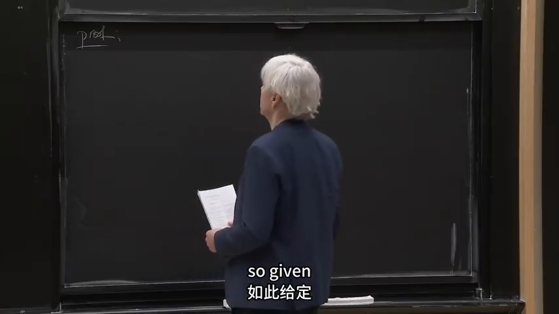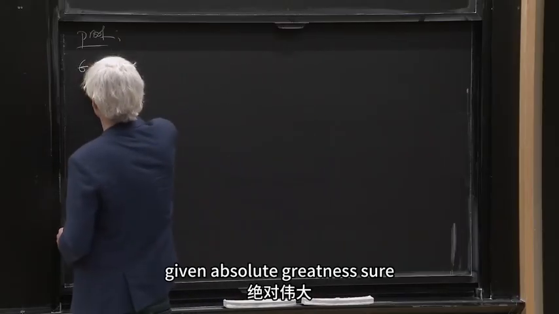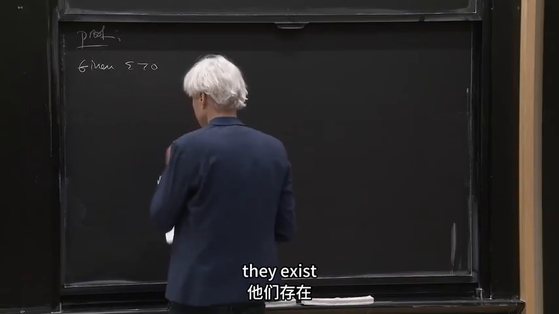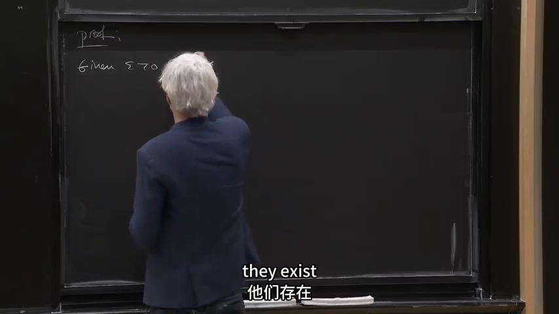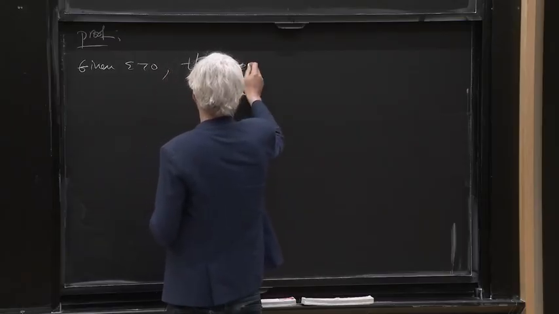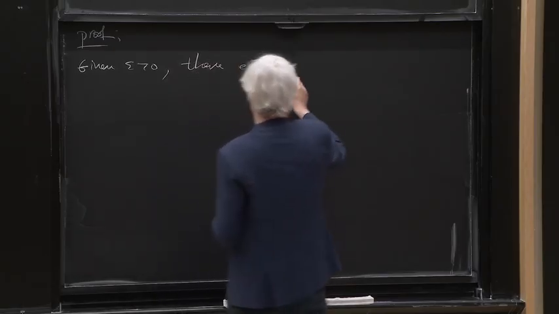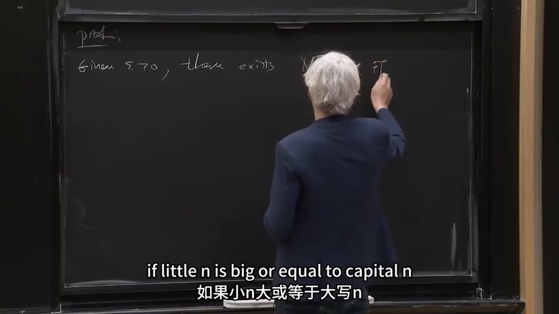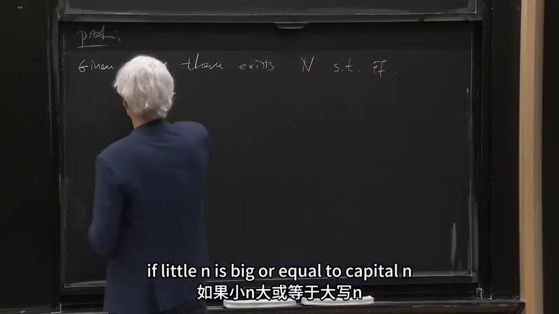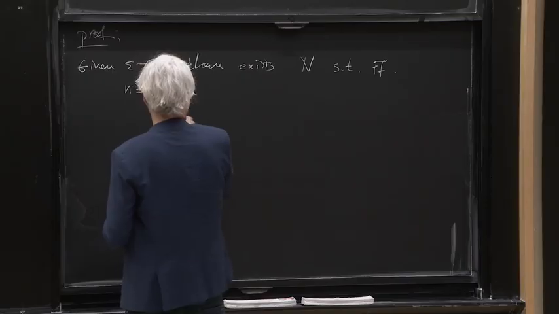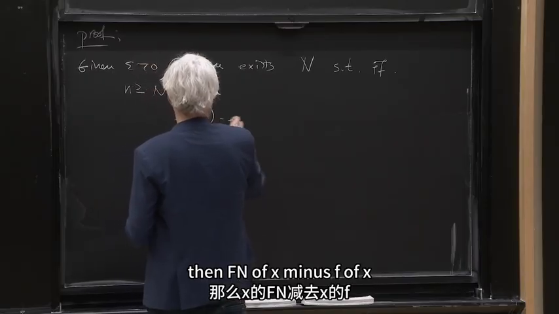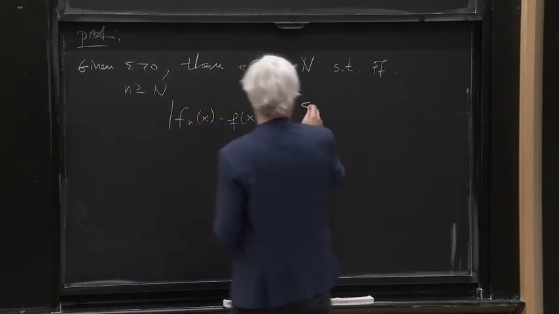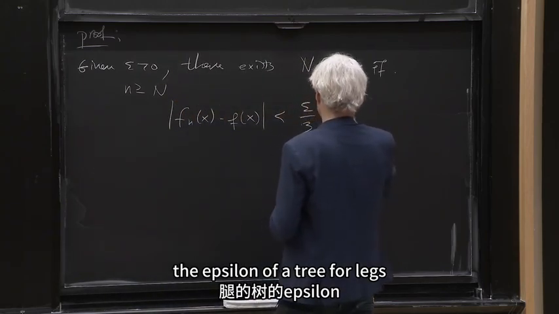So, given epsilon greater than 0, there exists capital N such that if little n is bigger or equal to capital N, then fn of x minus f of x is smaller than epsilon over 3 for all x.